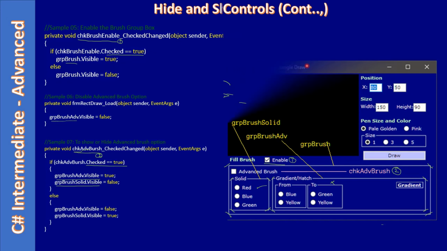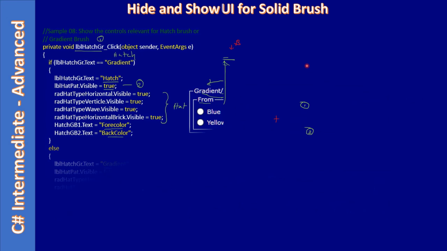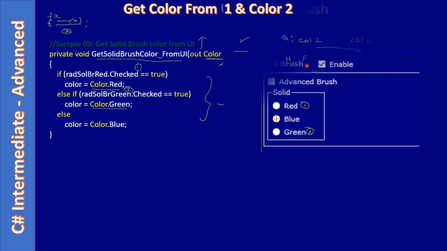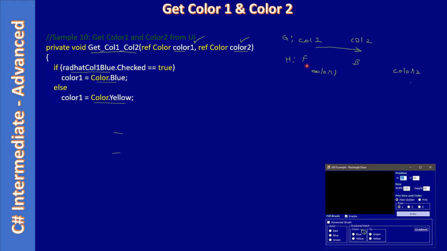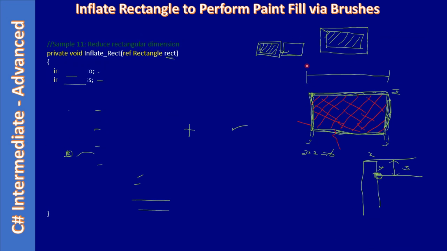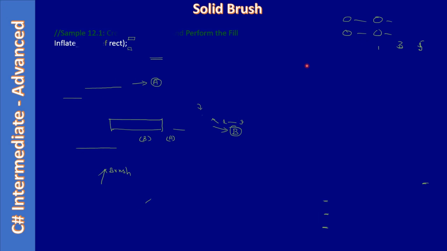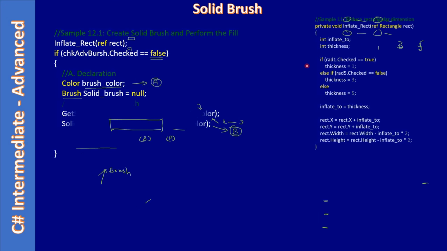Next, we did some preparation to use the hatch brush. This is simply hiding and showing the control. Then we wrote some utility functions. Next, we learned how to use the solid brush.